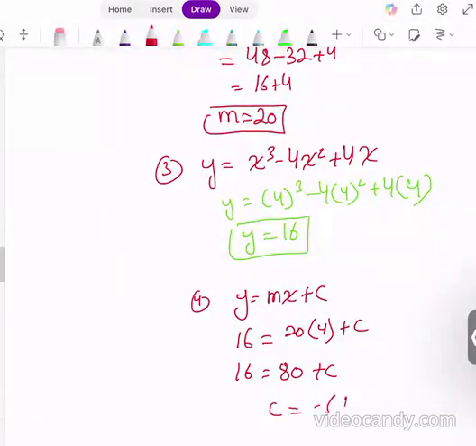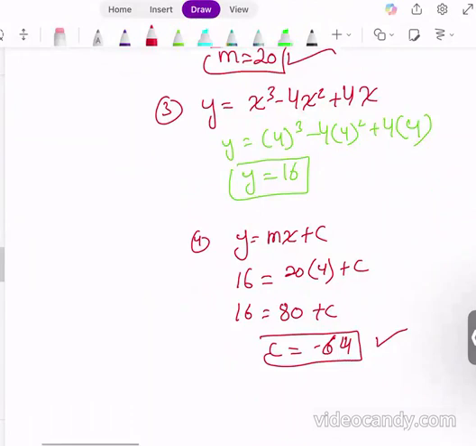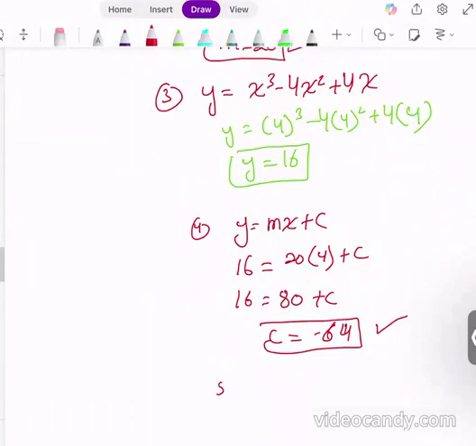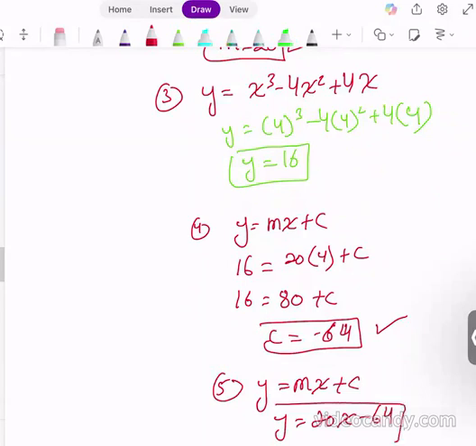This is the value of c. Now we got the value of m and c. So now the last step is just to put the values. This is 20 and this is negative 64. So this will be our final answer.